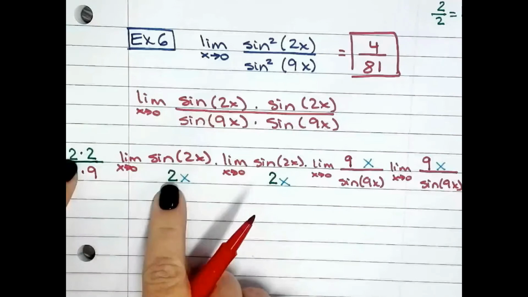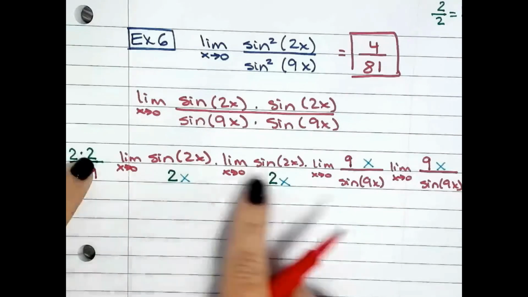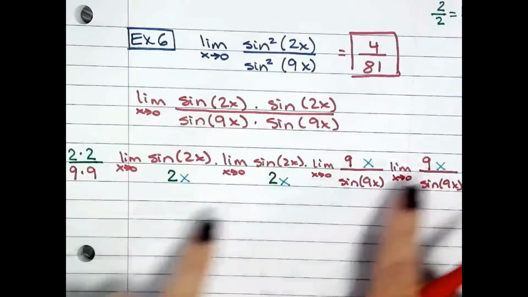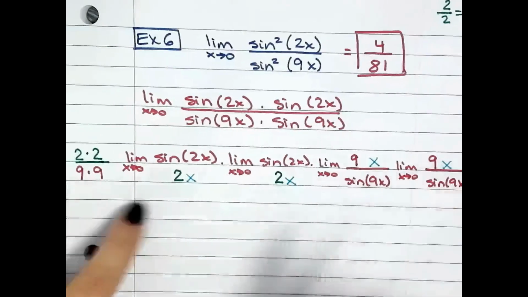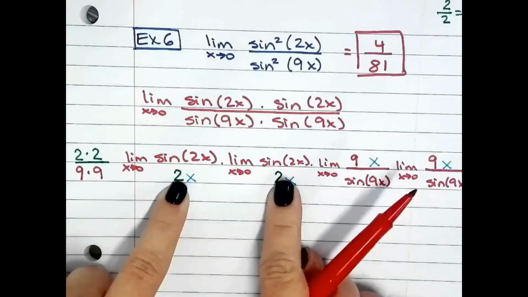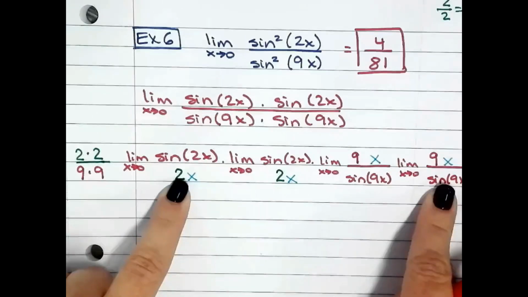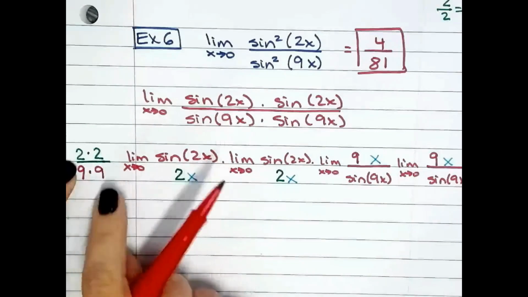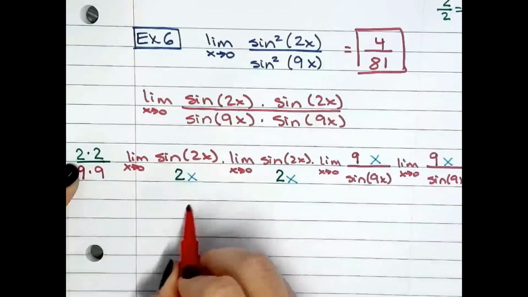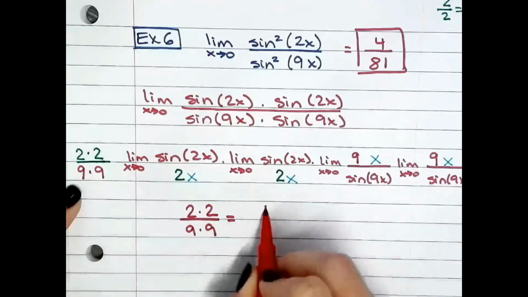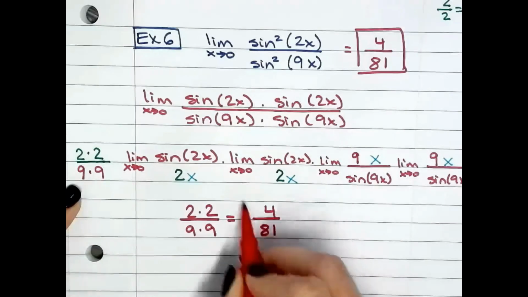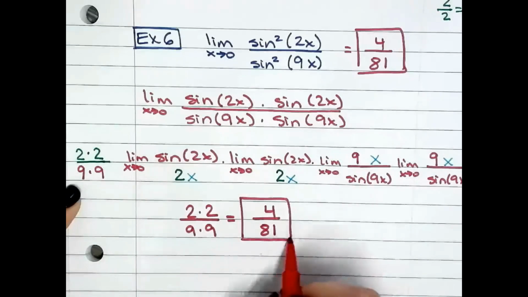So this 2 with this 2, this 2 with this 2, x we already did, and then the 9 and 9. I know all of these equal 1 because that was the whole goal, that was the whole point. That leaves me with 2 times 2, and then 9 times 9, leading to 4 over 81.